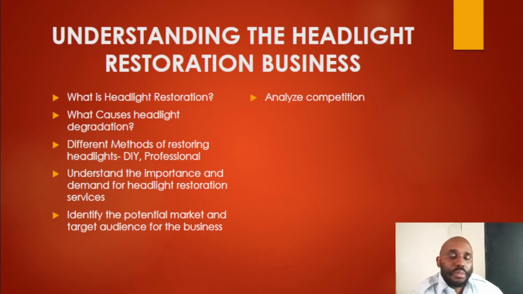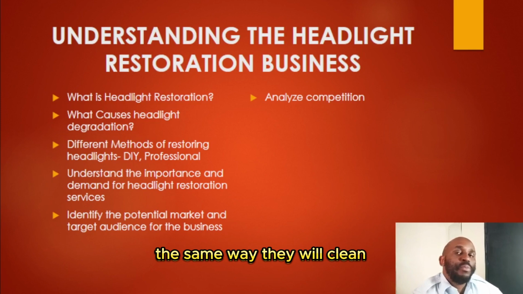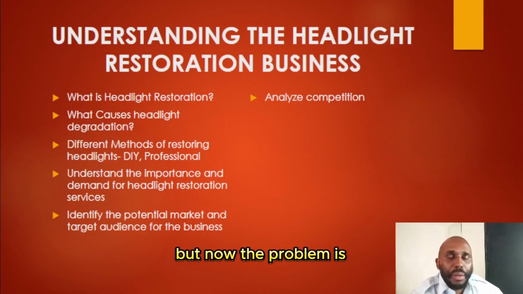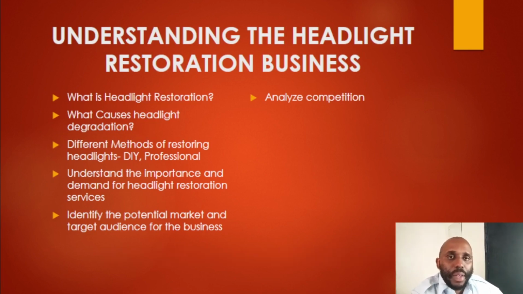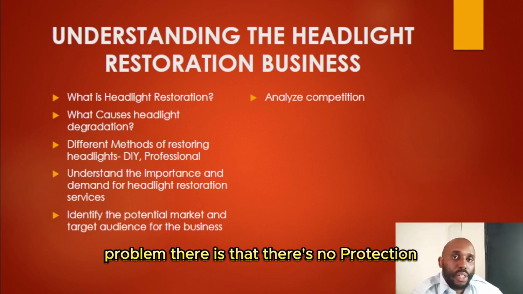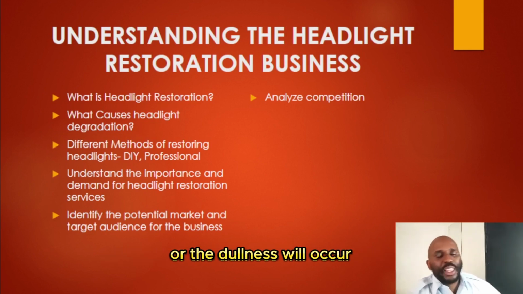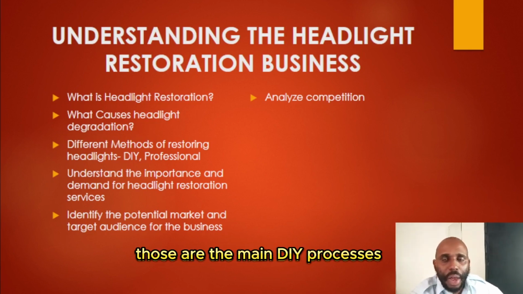Same as the white toothpaste, which has granules too; the same way they clean teeth is the way they will clean the headlight. That helps you remove the oxidation, but the main problem is that there's no protection, so the oxidation or dullness will occur again. Those are the main DIY processes.